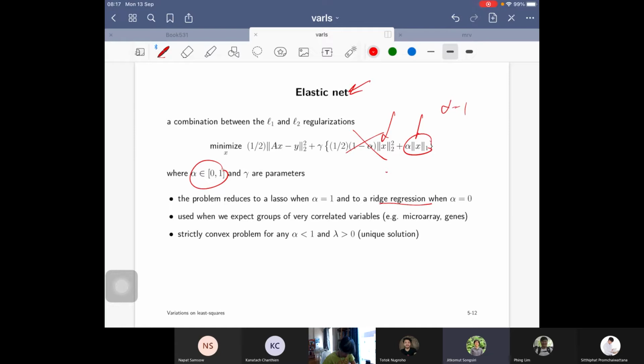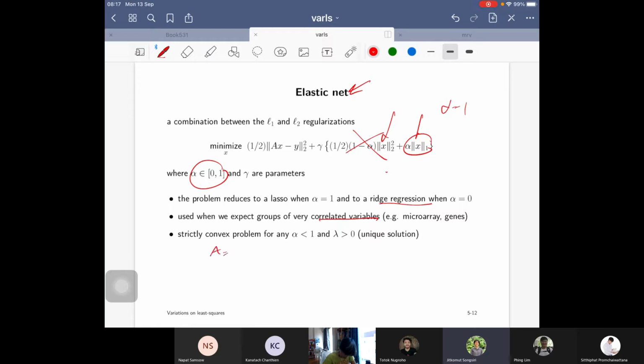Now I would like to mention a result that we haven't shown you yet. There's a property that can be shown mathematically when you have correlated variables.